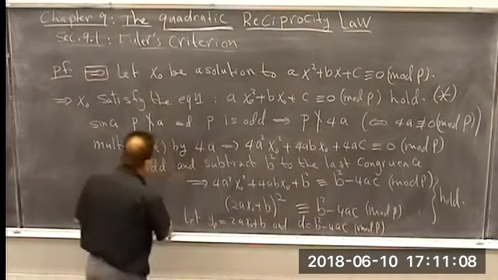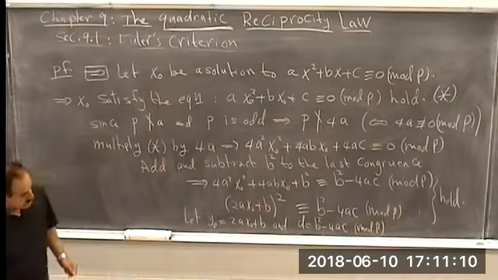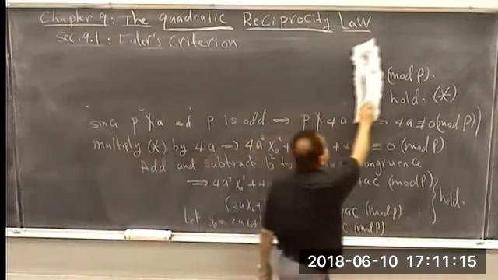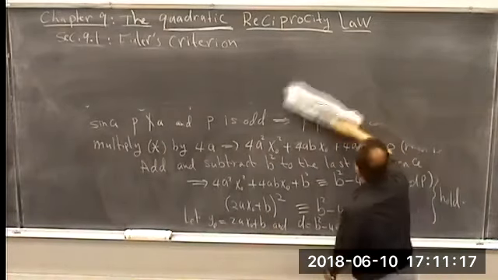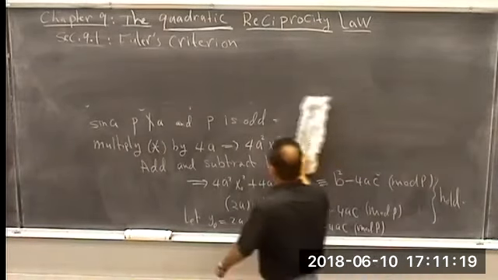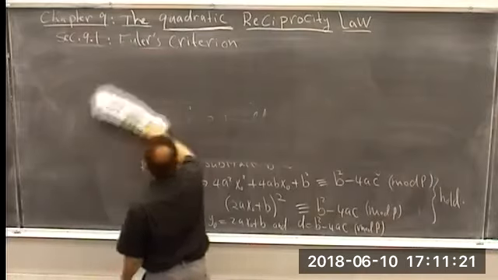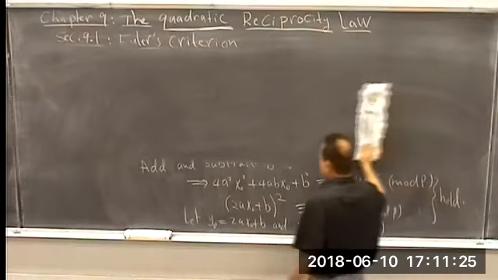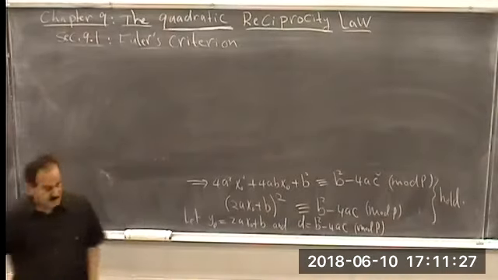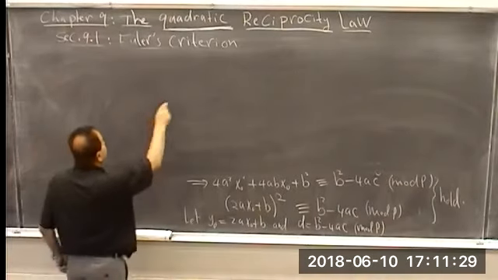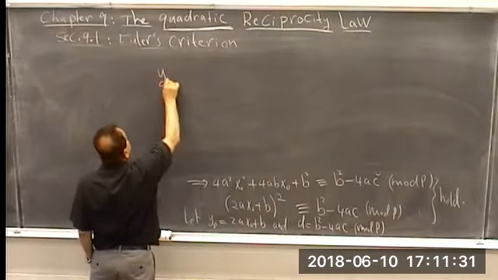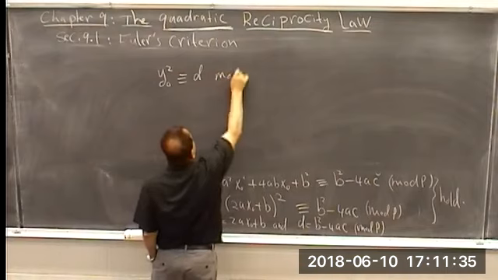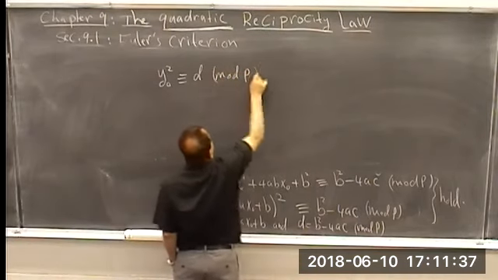So this implies y sub 0 squared is congruent to d mod b.